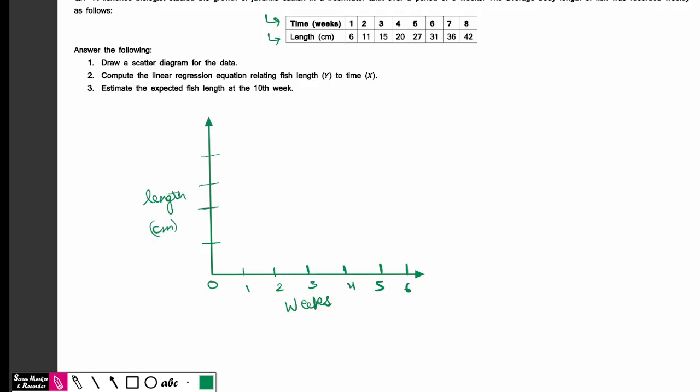For example, let's say it is 5 centimeter, 10 centimeter, 15 centimeter, and for the first week this is supposedly 6, so I will plot it here. The next one can be coming here somewhere, then here, but eventually it has to increase only. So that is a positive correlation between the week and the length, body length in centimeter.